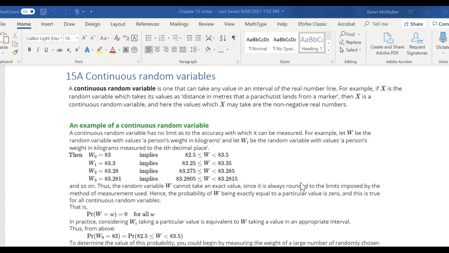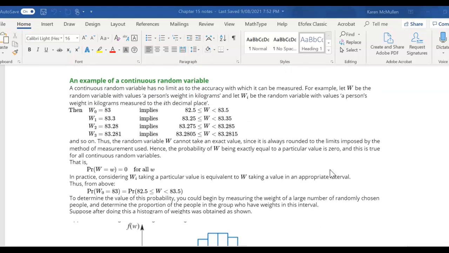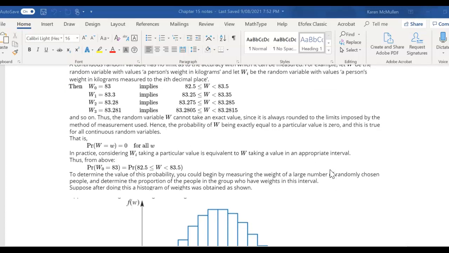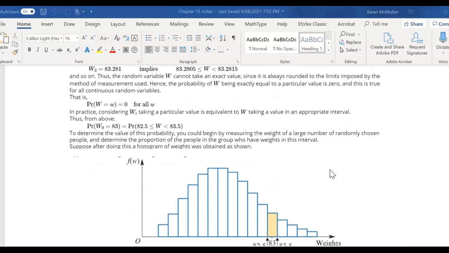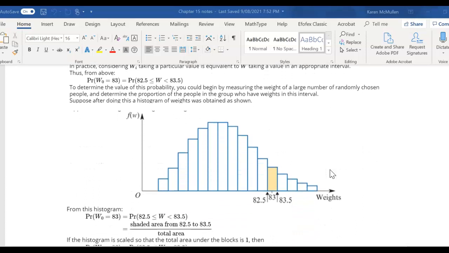So it doesn't have to be 1, 2, 3, 4, 5, 6, 7, 8, 9, 10. Not the discrete values, but it can be like 5.1333333, something like that. So there's an example there. I'm not going to cover everything because I'm sure you can read that in your own time.